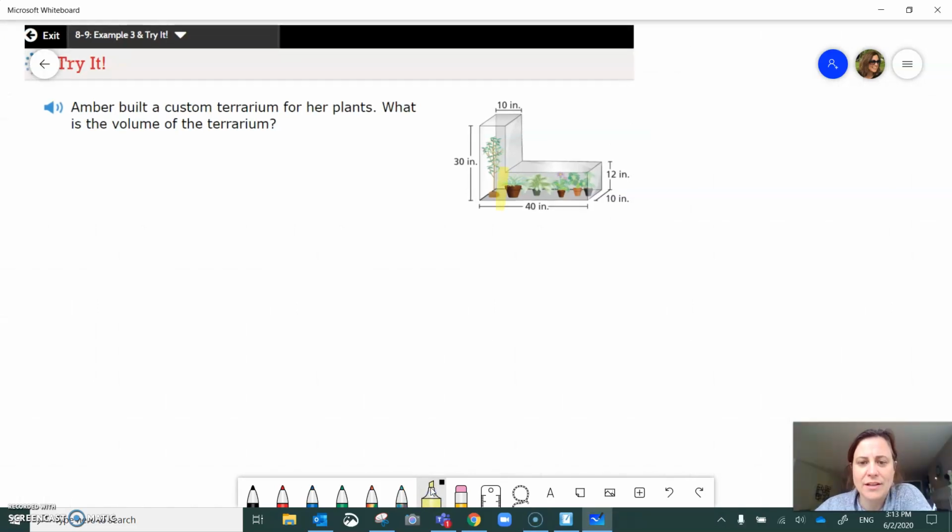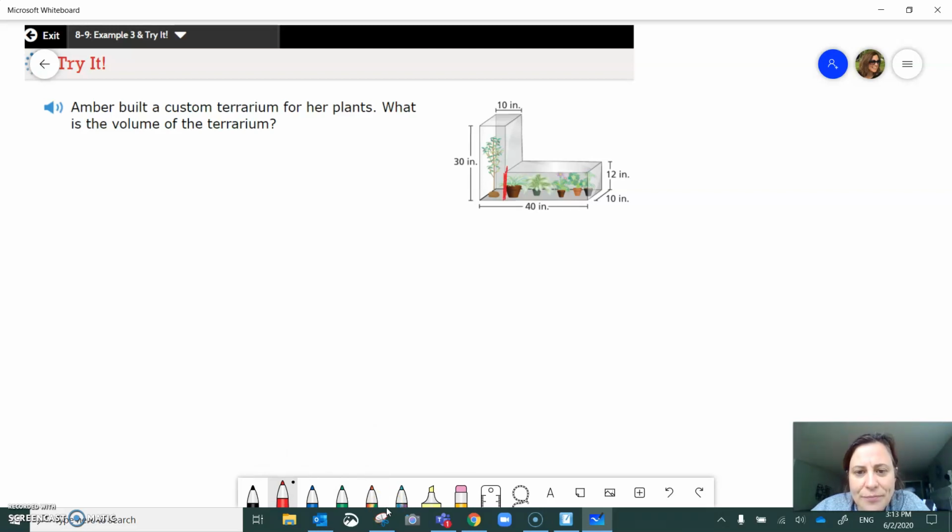So we could cut it here, or we could cut it here, and find the area of this figure. Personally, I would rather cut it, I think, here.